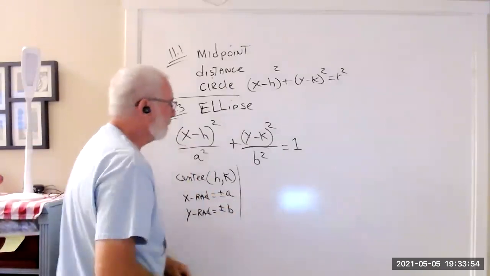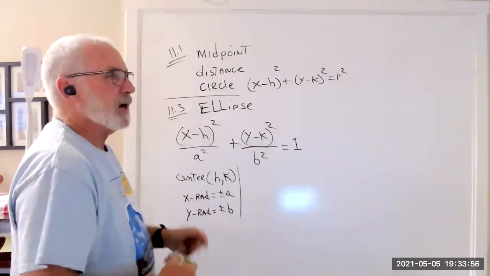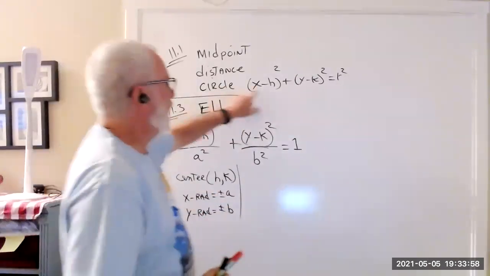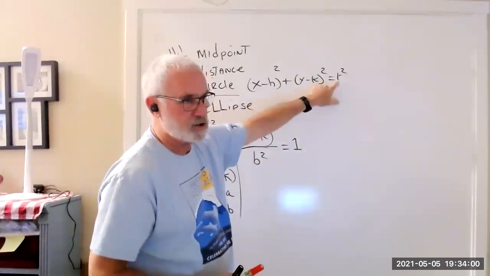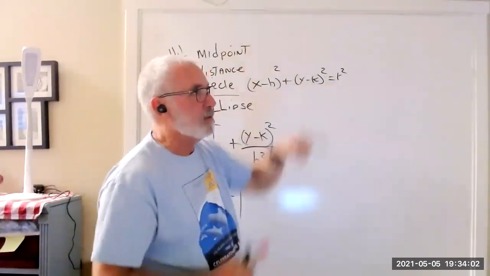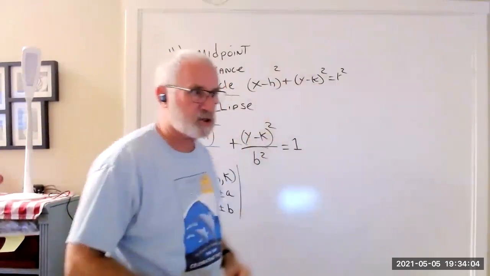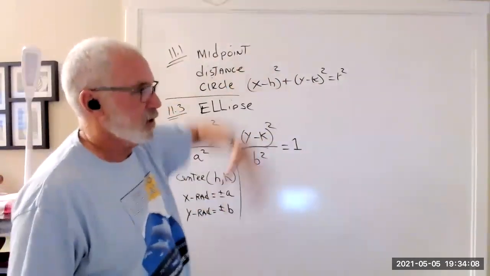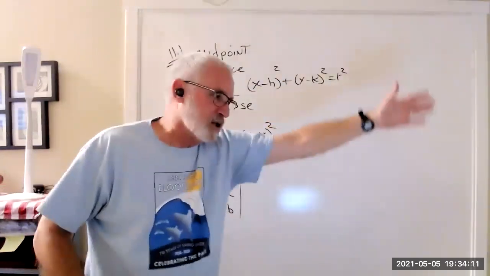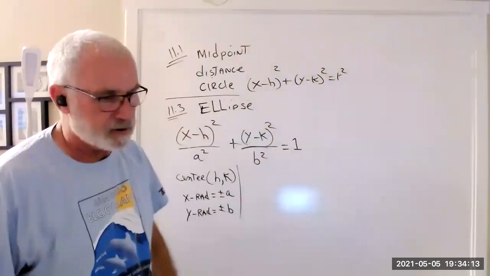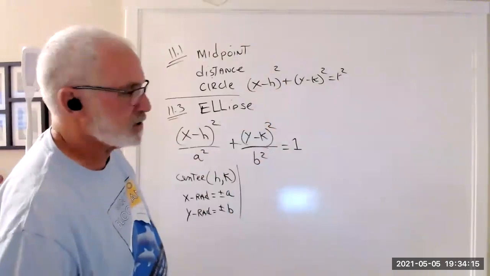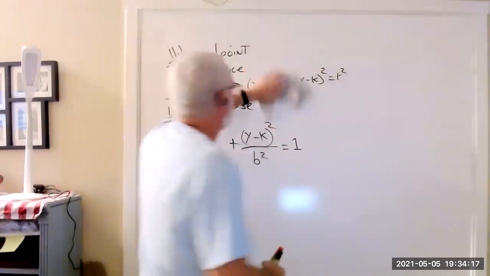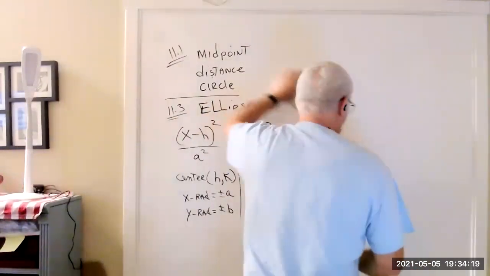Now, keep in mind, a circle has only one radius. Anywhere you measure a circle, it's always the same. That's why in that problem I had up here, I'd go up 7, down 7, to the right 7, left 7. It didn't matter. 7 was the radius, and we always went from the center. But not quite in an ellipse.